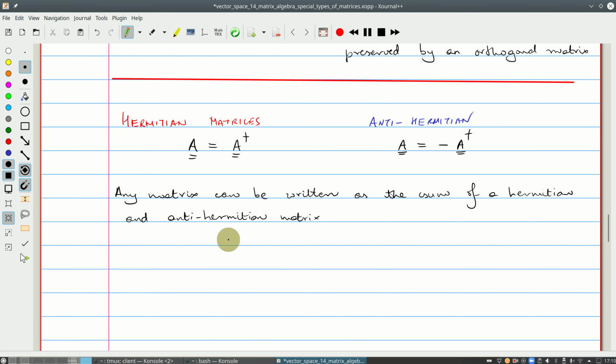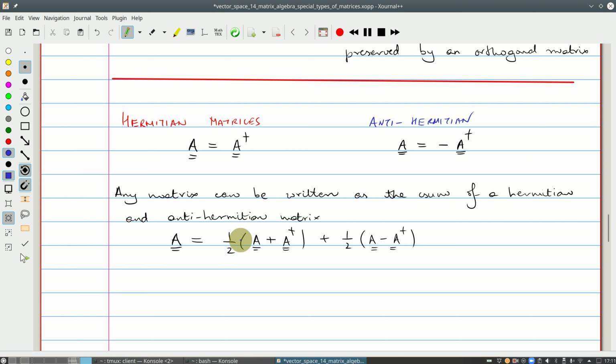How is it done? Exactly the way we did symmetric and antisymmetric. If you have a general matrix A, we can always write it as a half of A plus A dagger plus half of A minus A dagger.